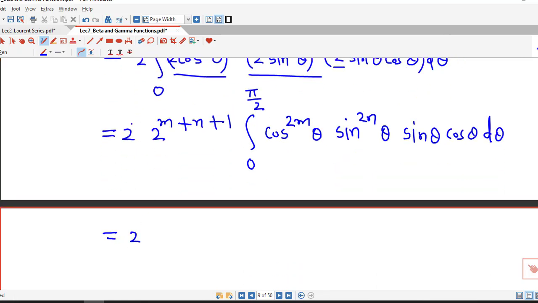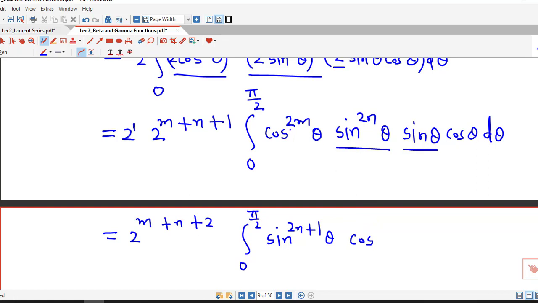Again we have 1 power of 2 here, so that is going to be m plus n plus 1 plus 1, that is 2, and this again we rewrite by combining powers of sine and cosine. So here we obtain sine raised to 2n plus 1 theta, and the power of cosine is 2m plus 1.